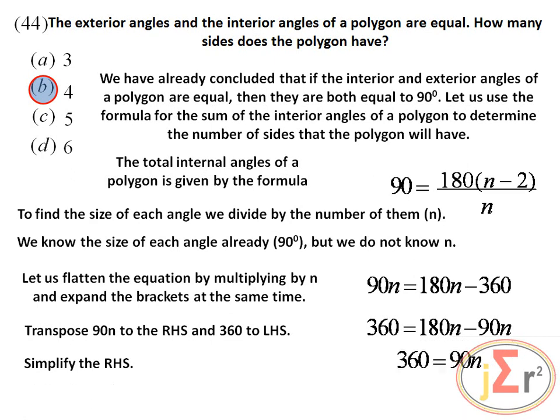We have 360 is equal to 90n. Of course, to find the value of n, we need to divide by 90. So divide both sides by 90. That will cause 90 to be eliminated from the right hand side. And 360 divided by 90 is equal to 4. So we have 4 is equal to n. So n is equal to 4, as we imagined before.